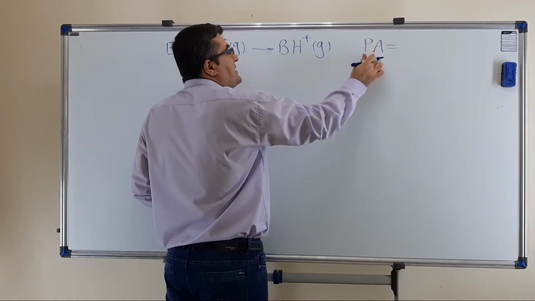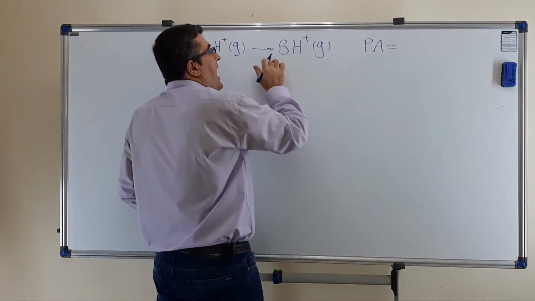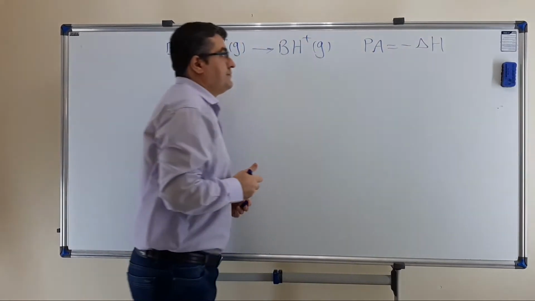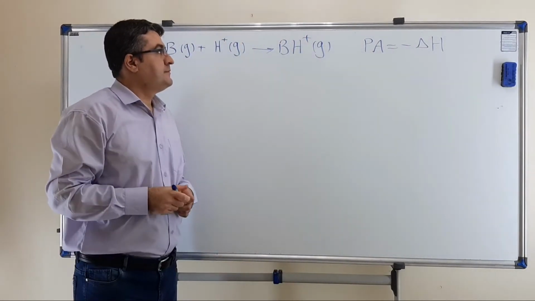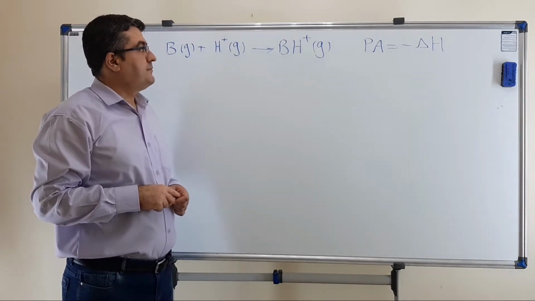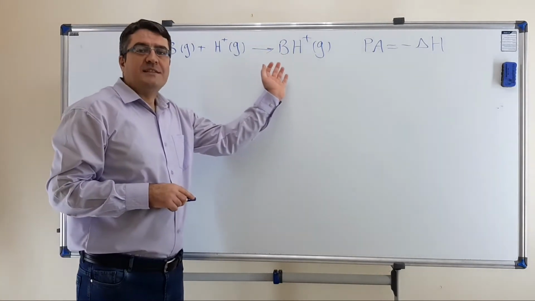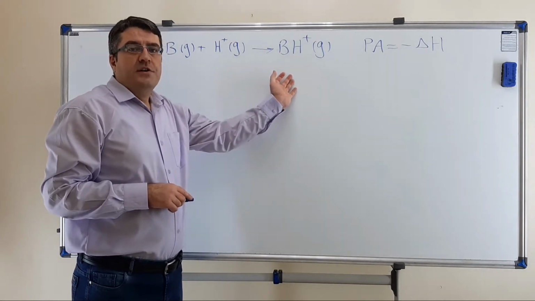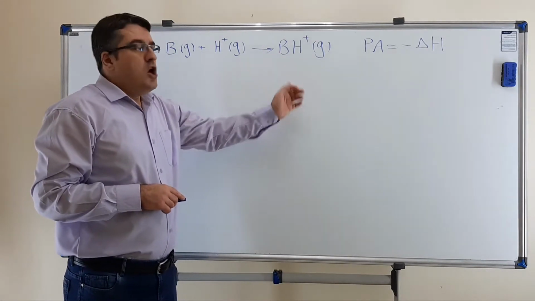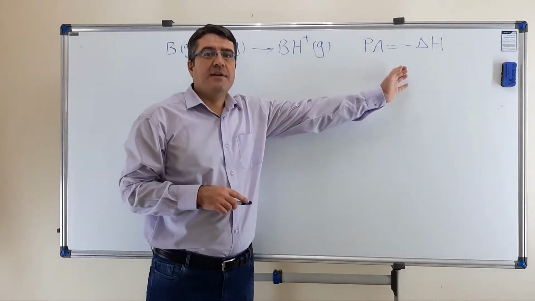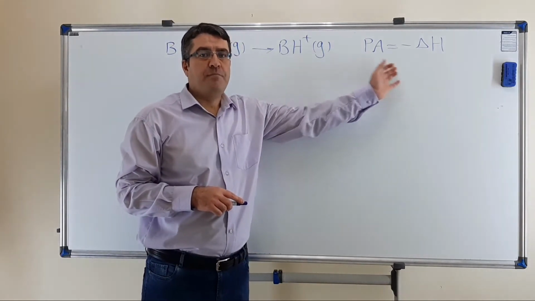Proton affinity is the negative of the enthalpy change for this reaction. In the gas phase, we don't have any solvation effects, so proton affinity can be considered as an inherent measure of basicity.